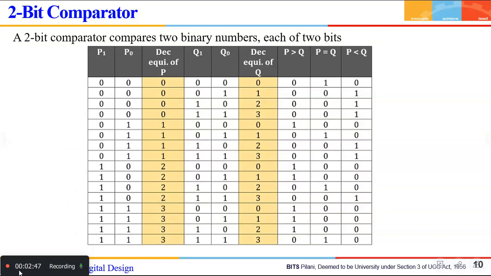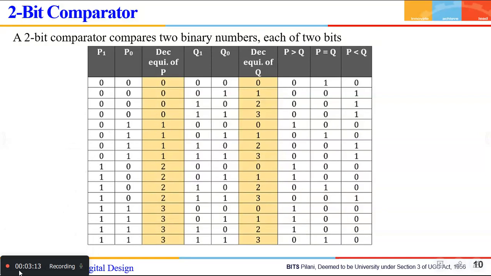How can I proceed? Tell me. Solve for P greater than Q, P equal to Q, and P less than Q using Karnaugh map.